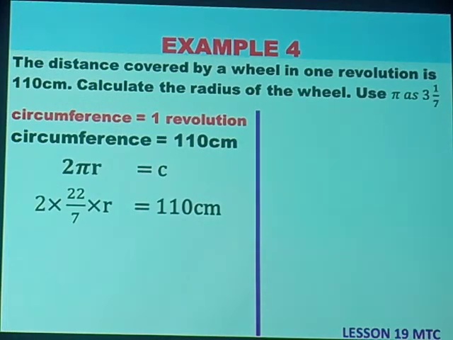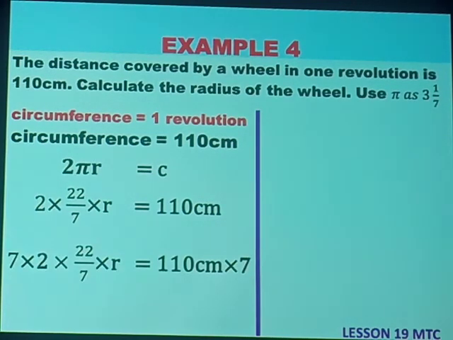Now, our next step is to carry out the substitution. We shall have 2 times 22/7. The 22/7 is coming from where we used pi as 3 1/7; when you convert it back to an improper fraction, it gives us 22/7. So we write 2 times 22/7 times radius, equal to 110 centimeters.